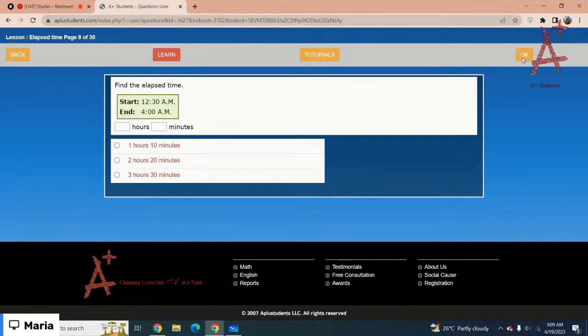Okay, from 12:30 until 4, which is the correct option? 12:30 to 1:30 is 1 hour, then 2:30, then 3:30, so it is 3 hours 30 minutes. Yes, very good. Got it?